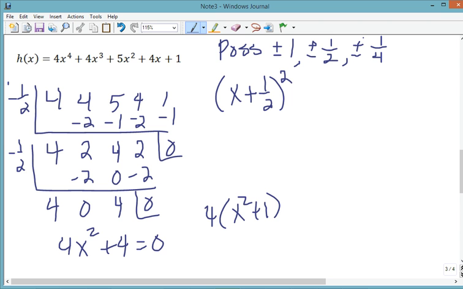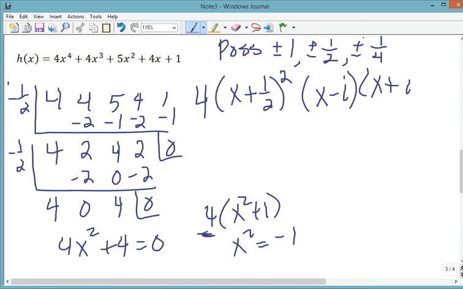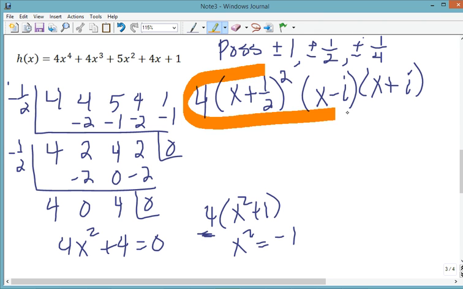And I think, if you recall, when we solve that, x squared has to equal negative 1, which gives i and negative i. All right, so I know that I'm going to have this factor of 4. I can just put that in the front, right? And then I'm going to have x minus i, and I will have x plus i. Okay, this is what it looks like completely factored.